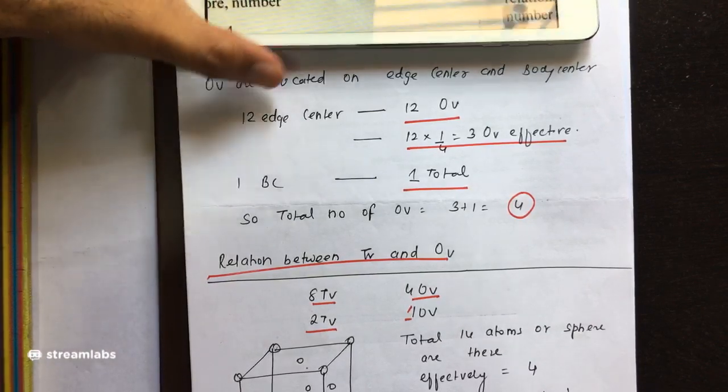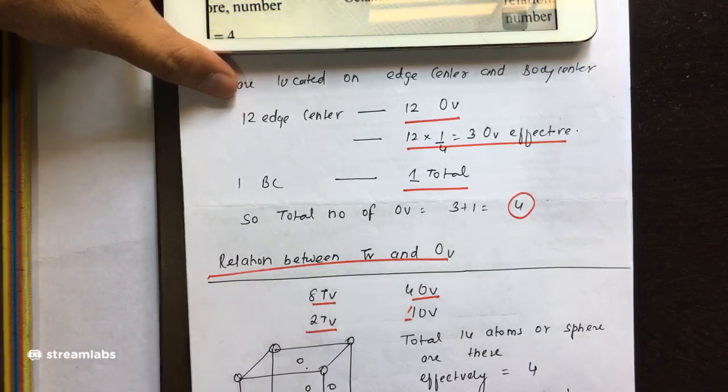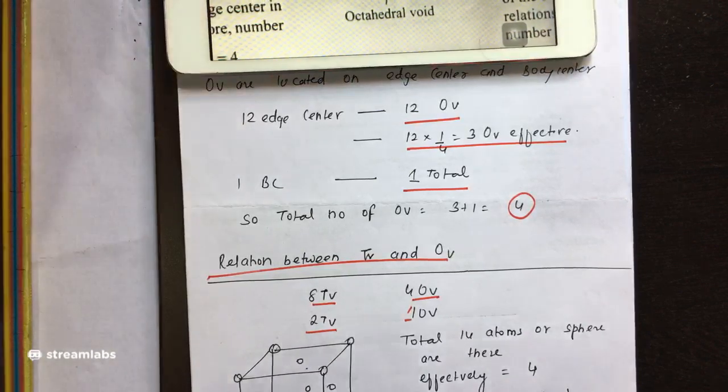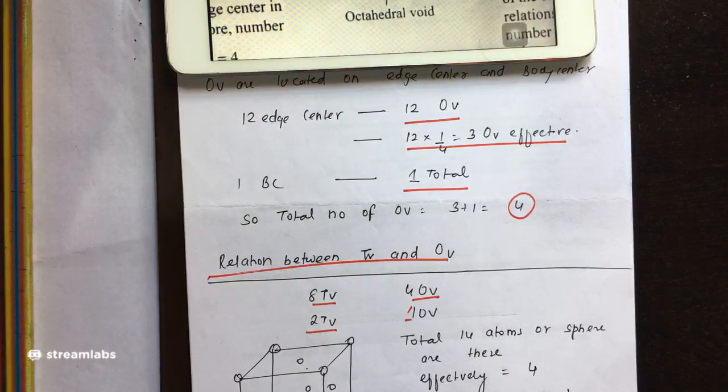Okay. So as you have understood, for one octahedral void we'll be having 2 tetrahedral voids. So naturally the size of the octahedral void also should be nearly double that of the tetrahedral void, and that is what we will come to in the later discussion.